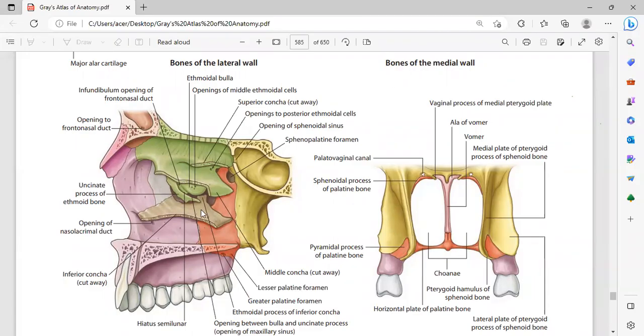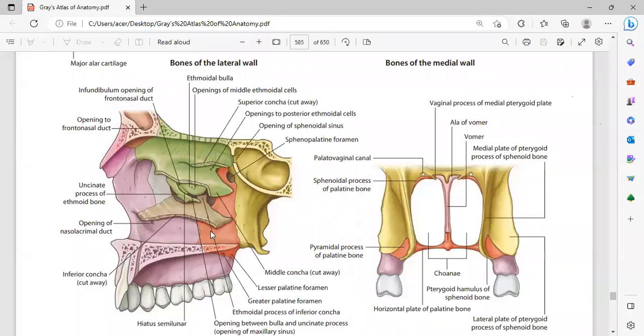So now let's come to the epithelium. The epithelium of the nasal cavity is... okay. And one more thing. This part here, at the inferior part of the nasal cavity, is broader, right?